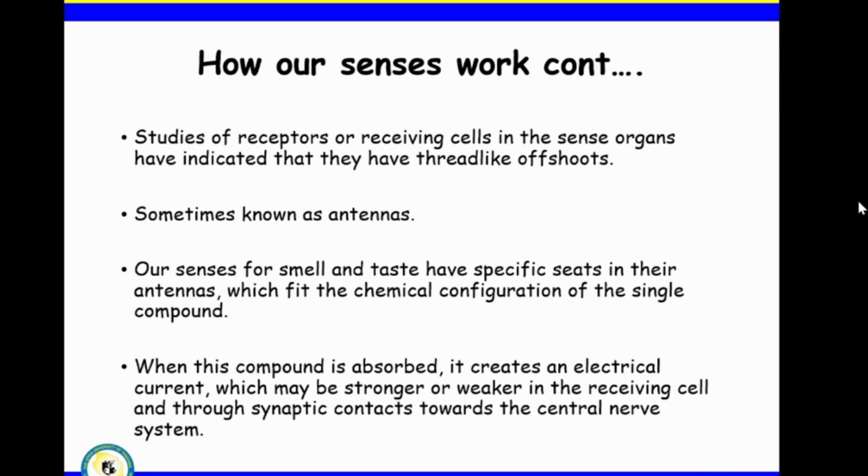Our senses of smell and taste have specific sites in their antennas, which fit the chemical configuration of a single compound. When this compound is absorbed, it creates an electrical current which may be stronger or weaker in the receiving cells, and it passes through synaptic contacts towards the central nervous system.